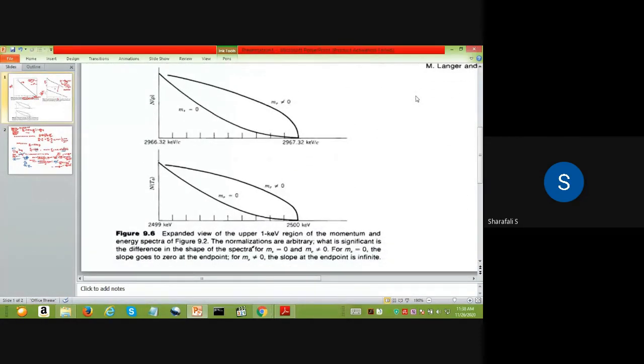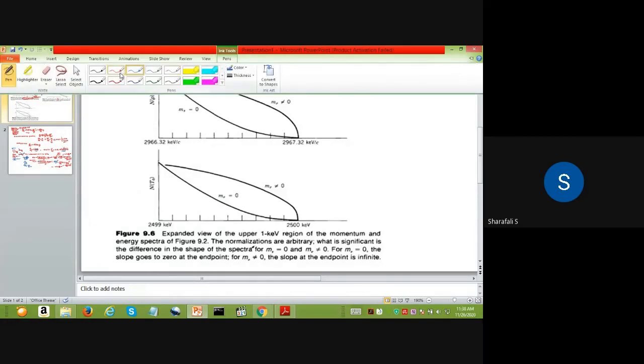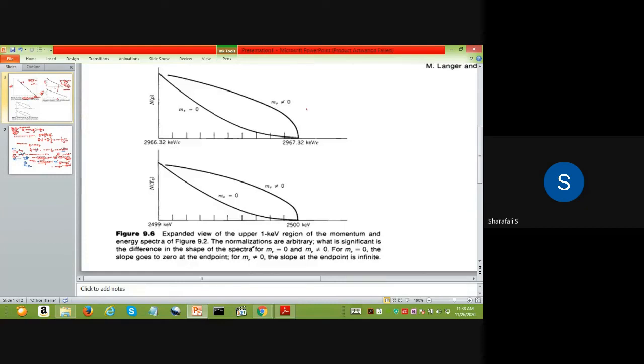So you can see from here different scenarios, when there is an m value, that is the rest mass of that neutrino, when m_nu is not equal to 0 and when m_nu is equal to 0. This has been plotted at the end of the curve. This is not the whole curve, so remember that.